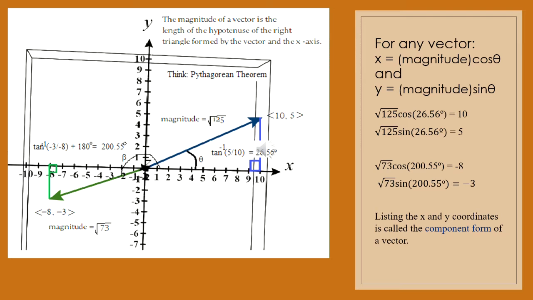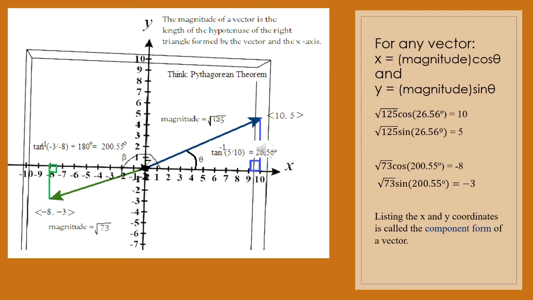You always can find the x component by taking the magnitude and multiplying by cosine of the angle, as long as the angle is measured from the positive x-axis counterclockwise. Sine is opposite over hypotenuse. So if I took sine of 26.56, it should equal 5 divided by the square root of 125.